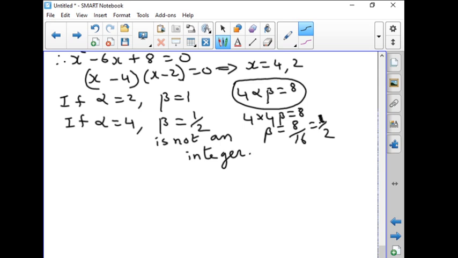It is not an integer, therefore the common root, alpha only we have taken as the common root. So common root is 2. So 2 is the common root. Okay, then example 2.23, you can take it for homework. It is a very simple one and also it is related to your 10th portion. So 2.23 you can take it for homework.